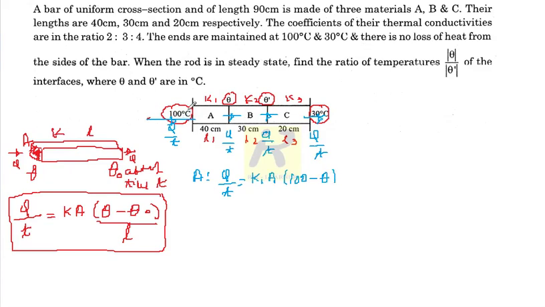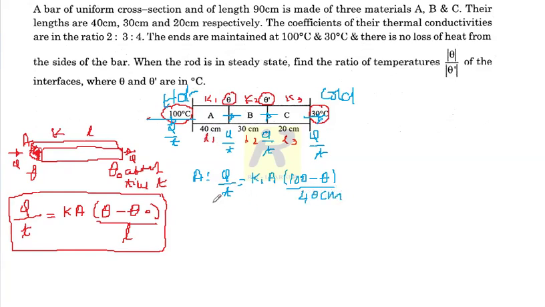This is the point where heat is entering, that is the hot end, which is 100 degrees Celsius, and as we move from left to right, the temperature decreases. So here is the cold end, 100 is here and theta is here. Only we are thinking about this conductor. So 100 minus theta divided by the length, which is 40 centimeter. That is what I am calling L1.